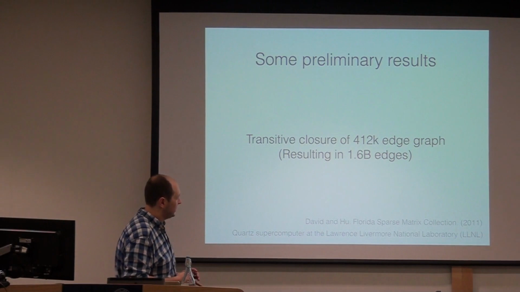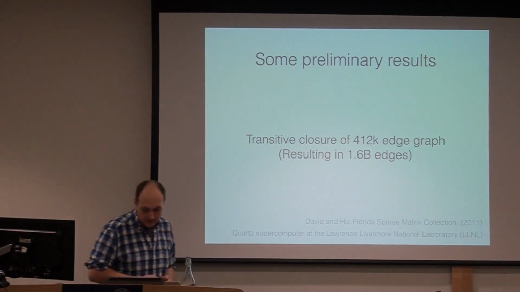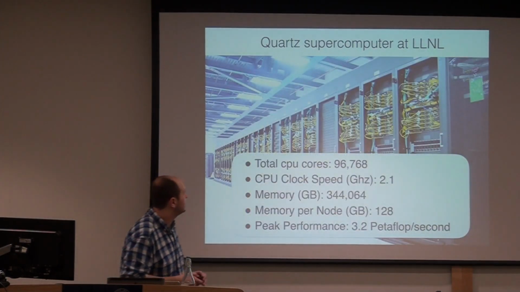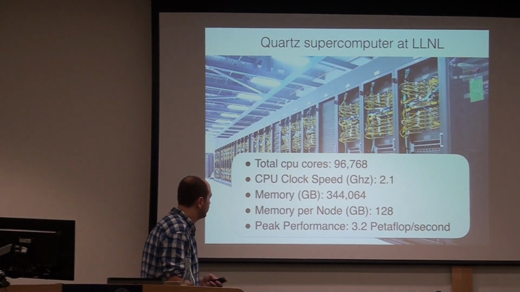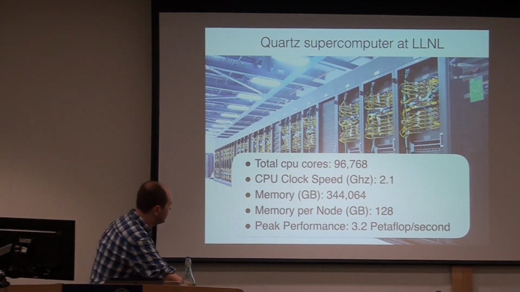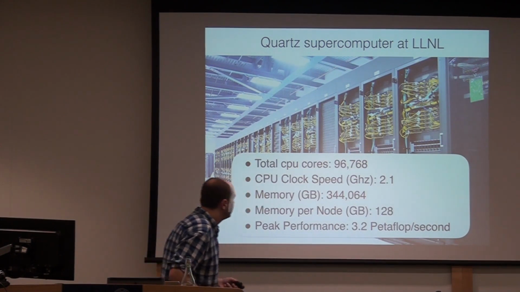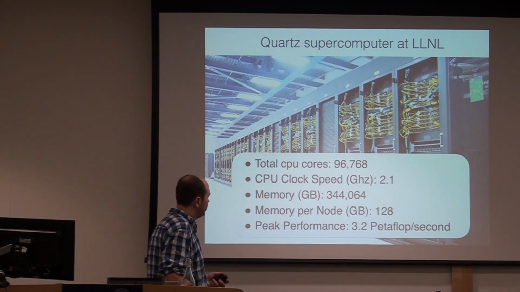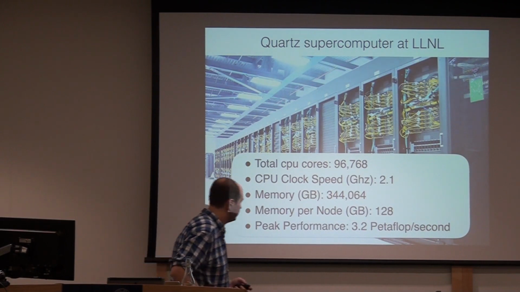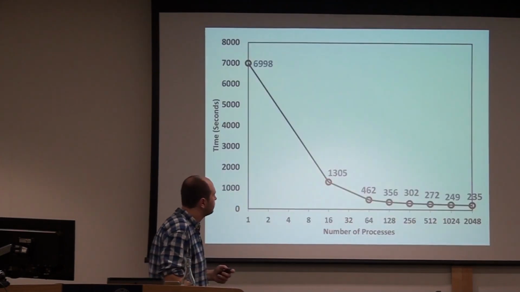But it's a fairly large graph. And we computed this on the Quartz supercomputer at Lawrence Livermore National Lab. So it's not the fastest computer in the world, certainly, but it's got almost 100,000 compute cores, and we scaled it up to 2,048 cores.